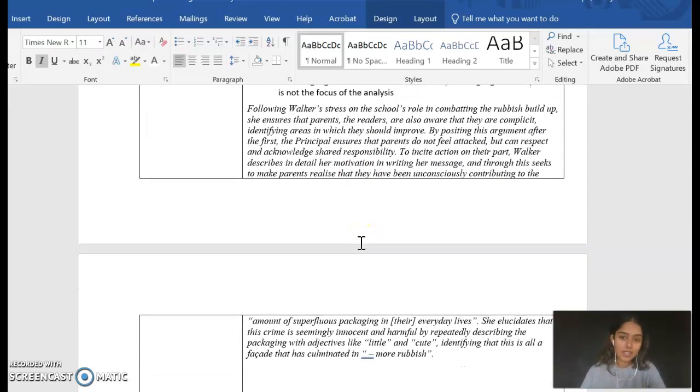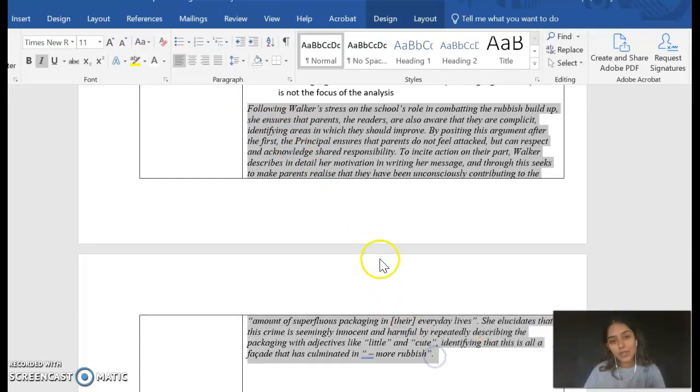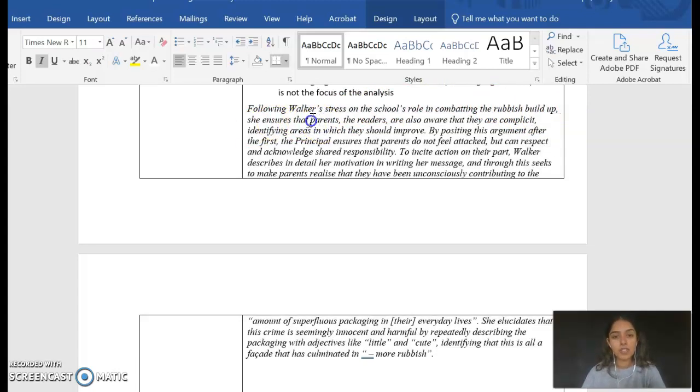So this is a sample bit of analysis of that Spire Primary School article about the rubbish in the schools. So it says here, following Walker's stress on the school role in combating the rubbish buildup, she ensures that parents, the readers, specific audience, are also aware that they are complicit, identifying areas in which they should improve. By positing this argument after the first, the principal ensures that parents do not feel attacked but can respect and acknowledge shared responsibility.